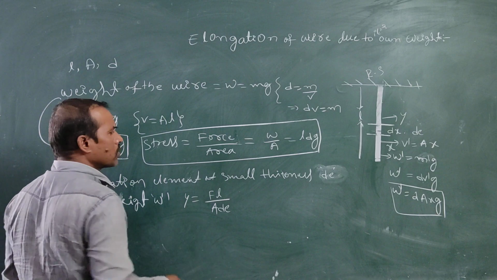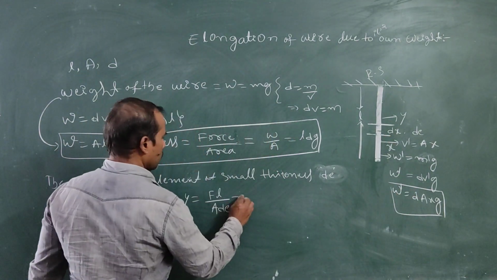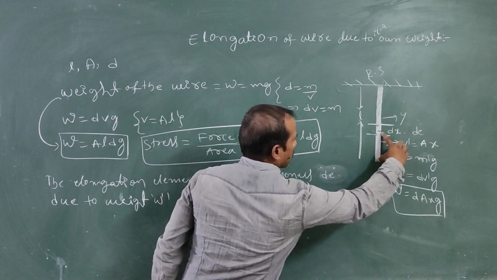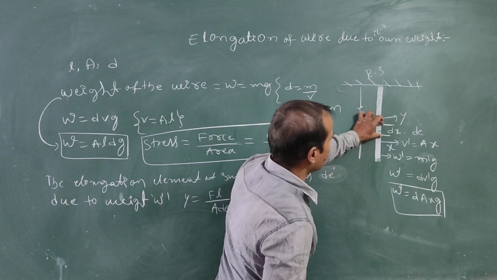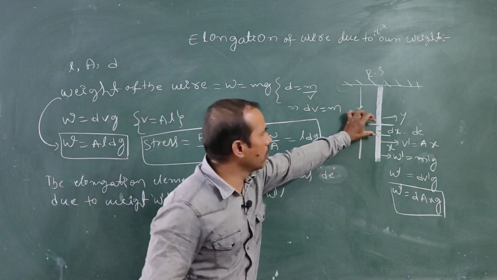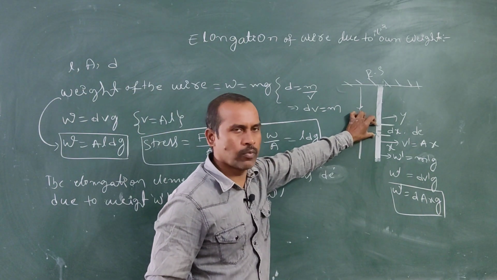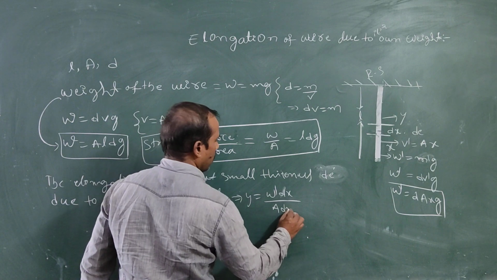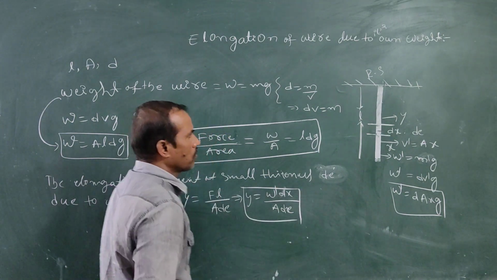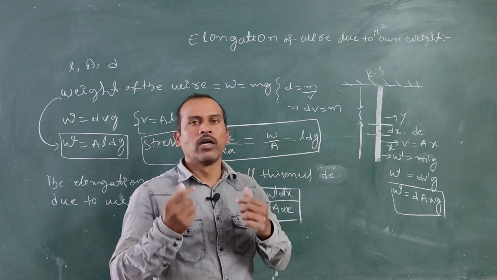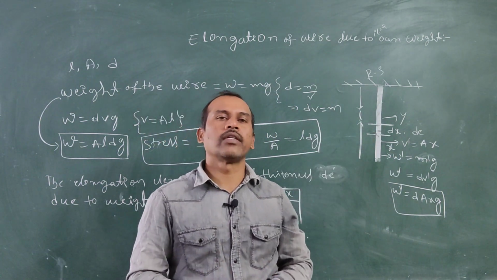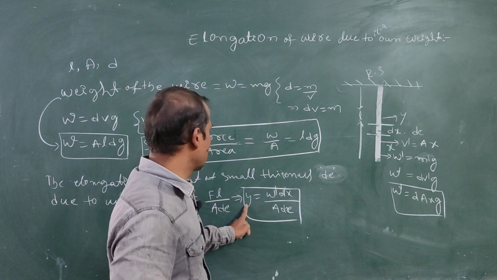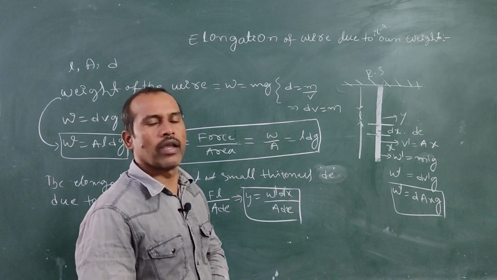Now F means the weight of this portion, W prime, and L means the length of this wire element, dx. So Y is equal to W prime dx by A dE.